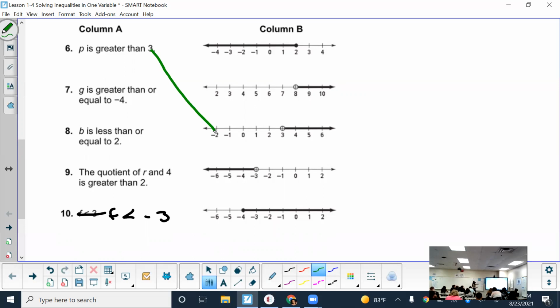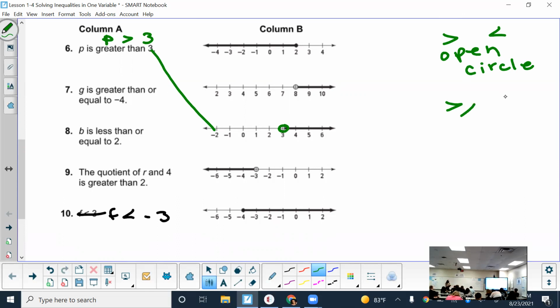So if it says P is greater than 3, if I translated that, it would look like this. So that means you need to have a circle on the 3. And since it's greater than, is it going to be an open or a closed circle? Open. So when it's this or this, we have an open circle. I'll write this in my margin too. So greater than or less than, it's an open circle.